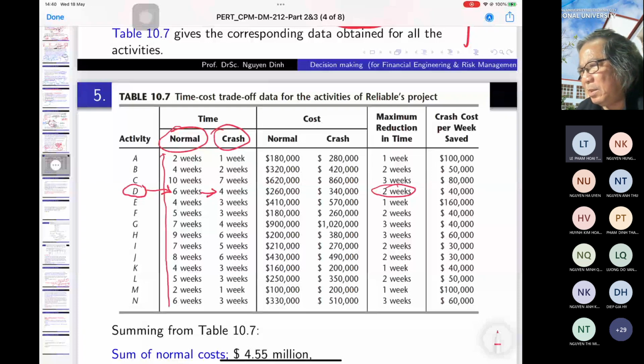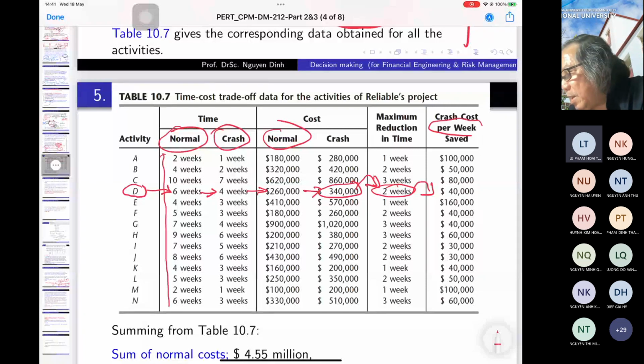And the money, the normal cost for this node is 260, but for the crash, that means for reducing 2 weeks, the money is this. And so the total extra is $80,000, and you reduce 2 weeks. So 1 week is this per week.